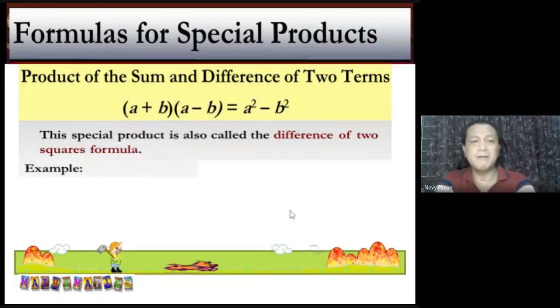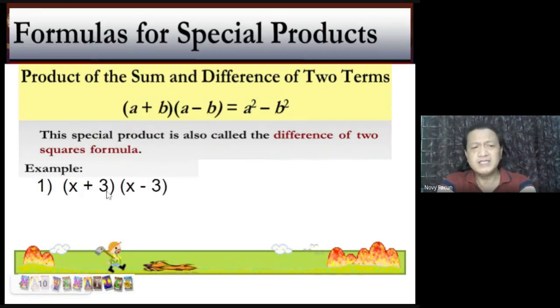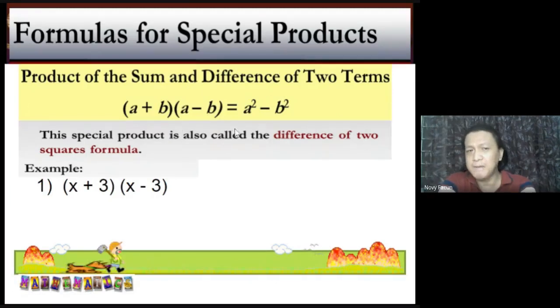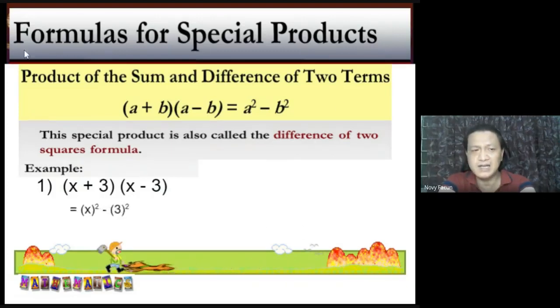And let's have an example. We have x plus 3 times x minus 3. So you need to know that they have different signs or operations, but the first and second terms are the same. So automatically, you should know that the sum and difference of two terms, or difference of two squares, is what you will use. So we just square. This is the solution.